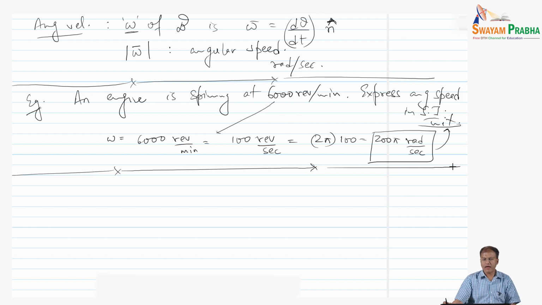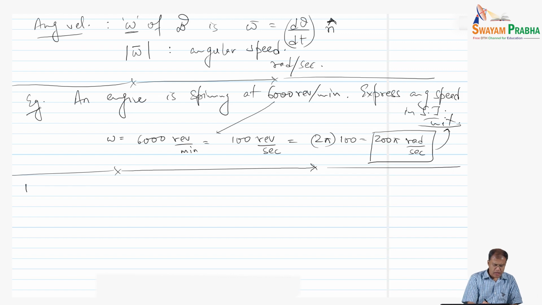Now let us look at what happens when we have a particle which is on the rigid body, given the rigid body having an angular velocity omega, that is, the rigid body is rotating. So does the particle have some linear velocity in this case? The answer is yes, right?